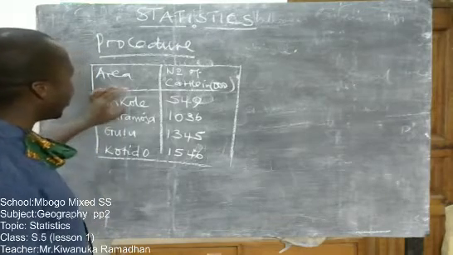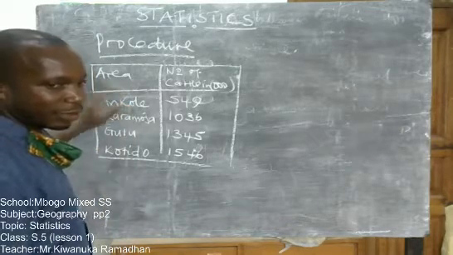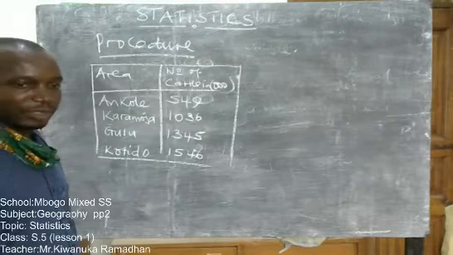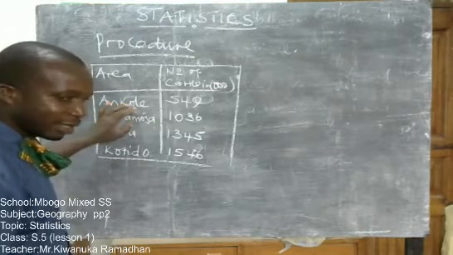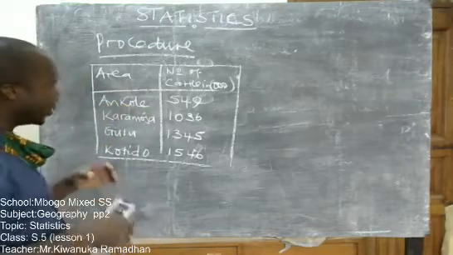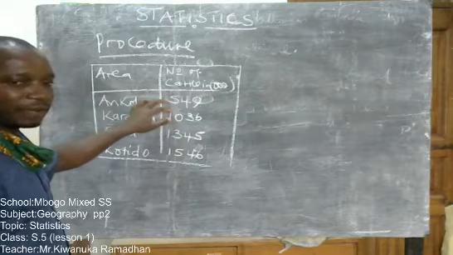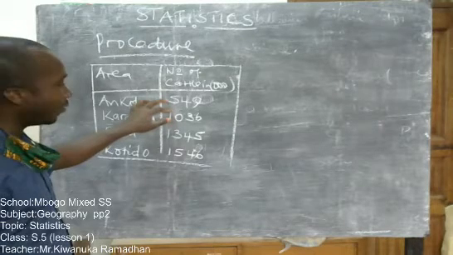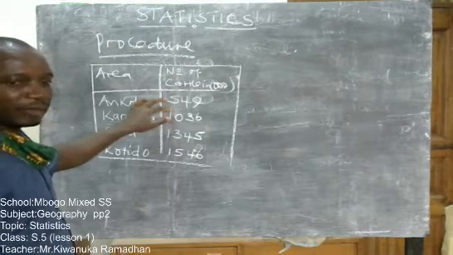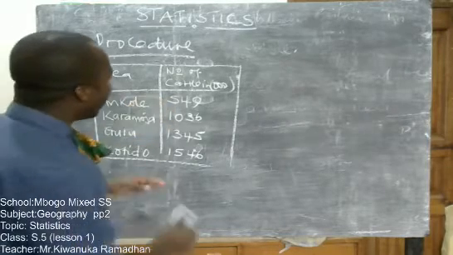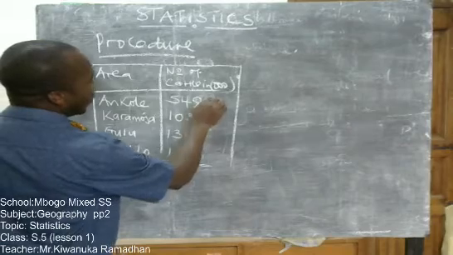That is why we began with it. Then what comes second is Karamoja. What we have done is this: we have added Ankole, which had 549, to Karamoja, which had 487.